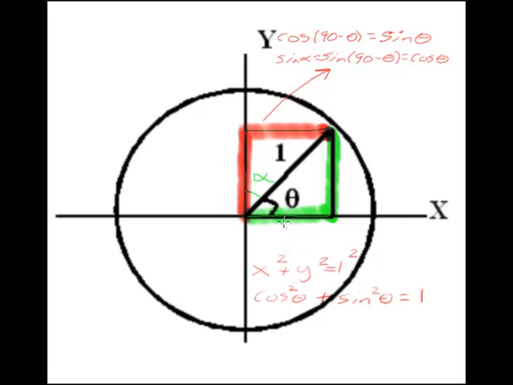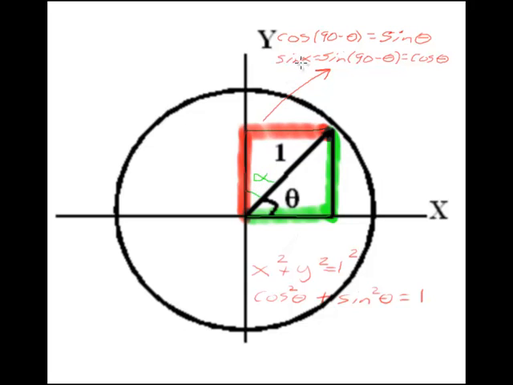This can give me some identities. For instance, this side here in green is found as the cosine of theta, the adjacent side to theta. It is the same length in this square as this side here, which is the opposite side found using the sine function for alpha.